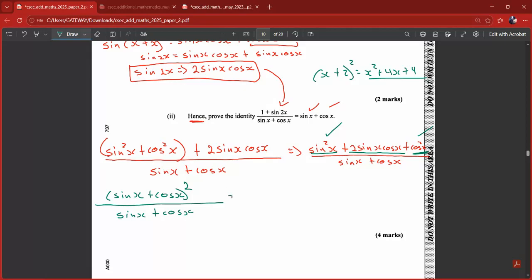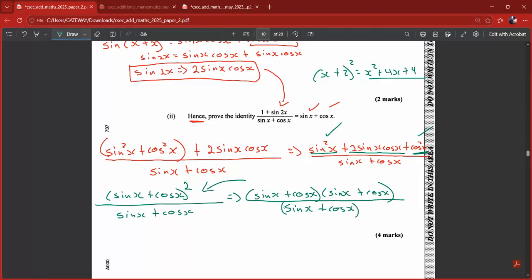This is the same thing as saying sine x plus cosine x times sine x plus cosine x. You multiply it by itself because it's the same thing as it squared, right? This is all over sine x plus cosine x.